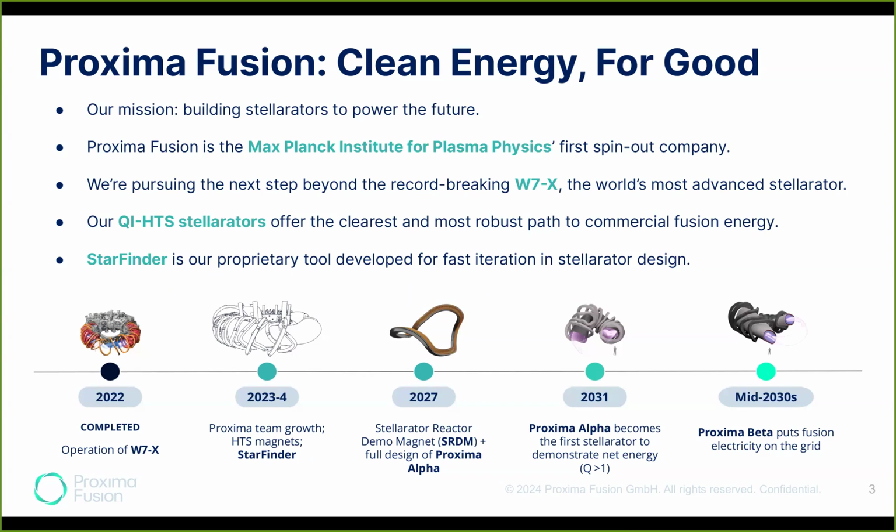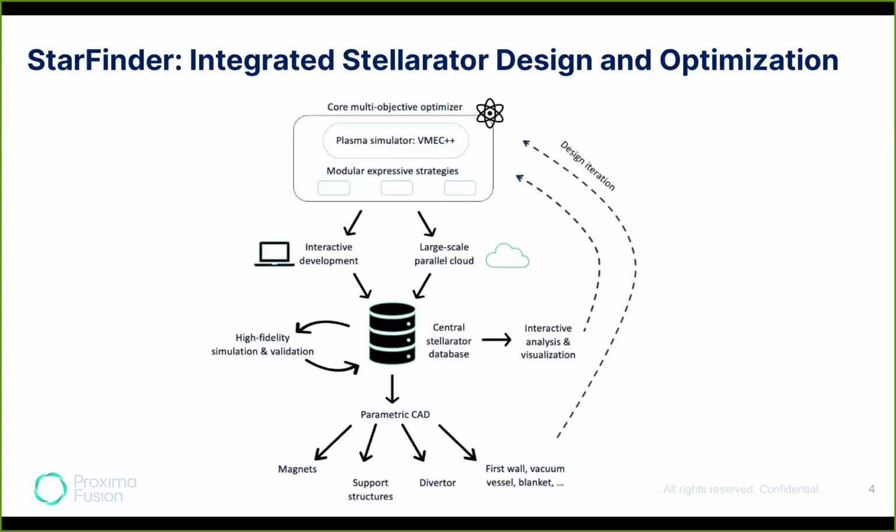The way we intend to do this is with a tool that was very creatively named Starfinder. This is a software framework for fast optimization, because what we need to do basically is to take the thing that I showed you earlier, optimize it, and make it into a real power plant.